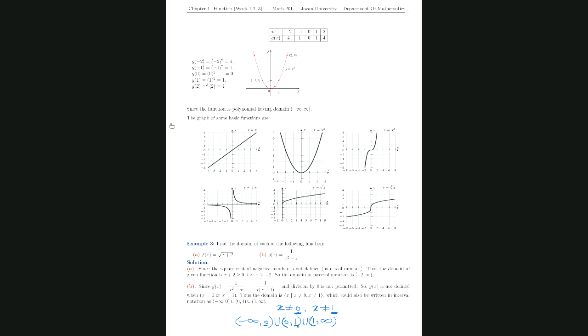So this is the domain. This way it is written, the domain.